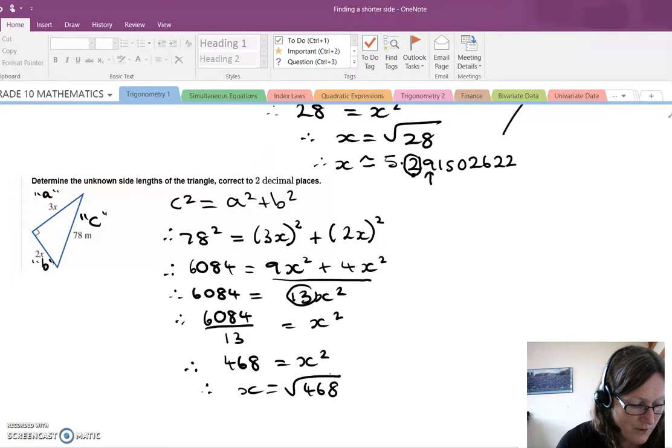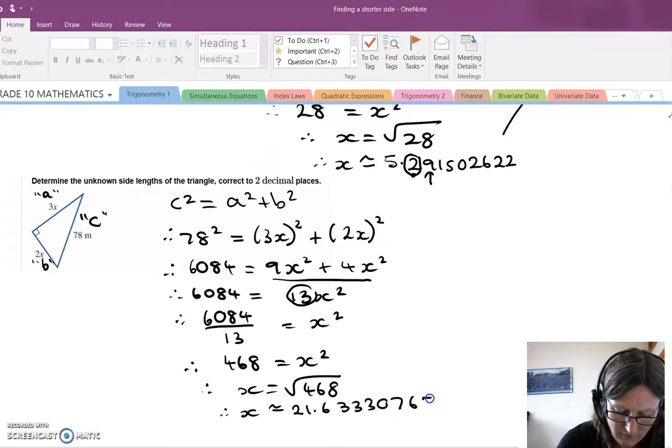The square root of 468 is x is approximately 21.63330765. So that's what x is, and it wants us to find the lengths of the sides. Let's look at this side.